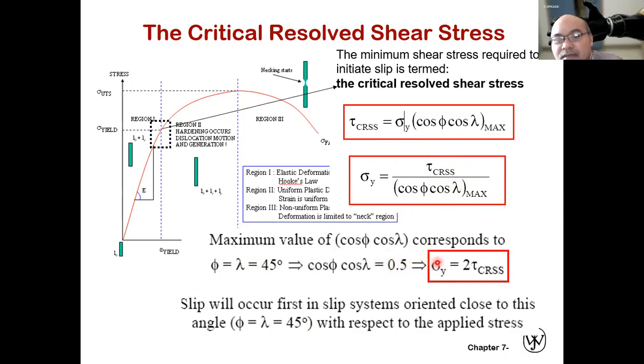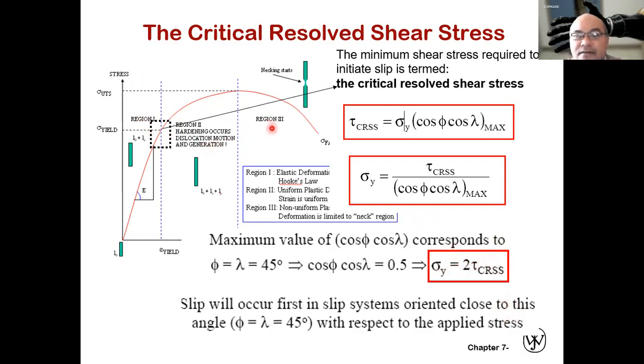So the yield strength, before the deformation occurs, will usually be equal to 2 times tau CRSS, the critical resolved shear stress.